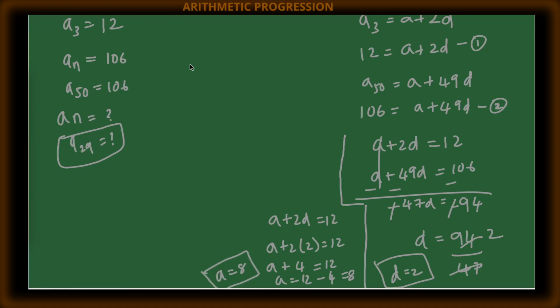So how do we find a29? a29 is equal to a plus n minus 1 into d, which is a plus 28d. What is a? We got it, 8 plus 28 into d.